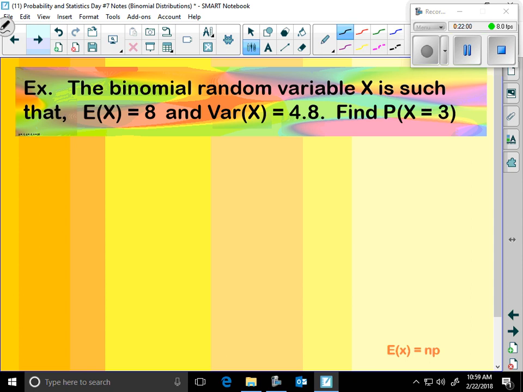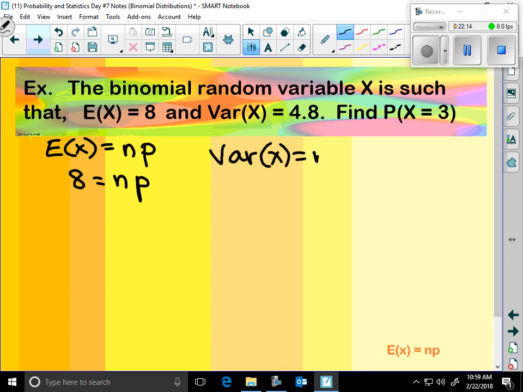What do I know about the expected value? Well, expected value equals n times p. I know that n times p equals 8. The variance, if it's binomial, is NPQ. I'm told the variance is 4.8. I have enough information because I know what NP is.